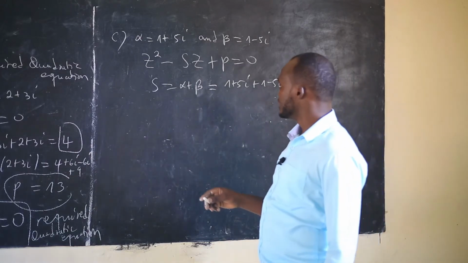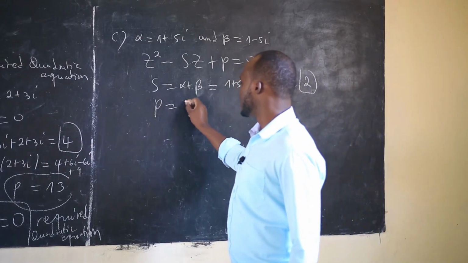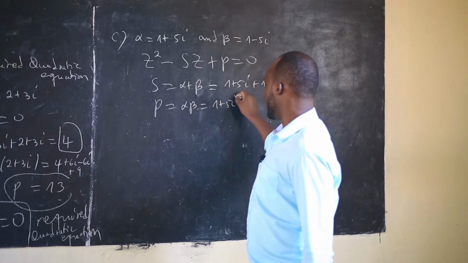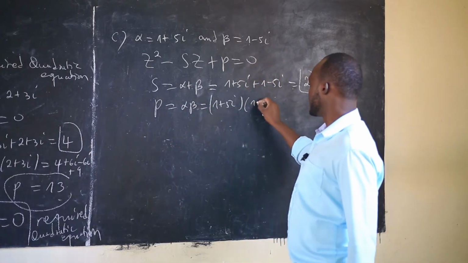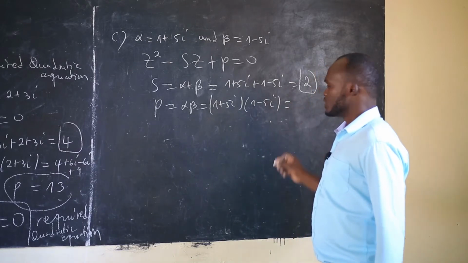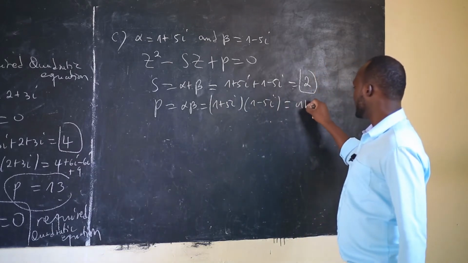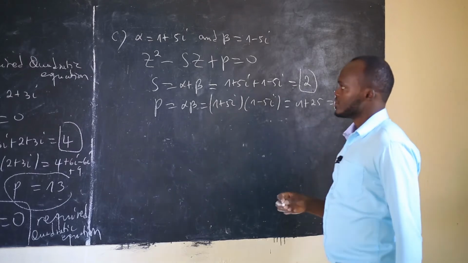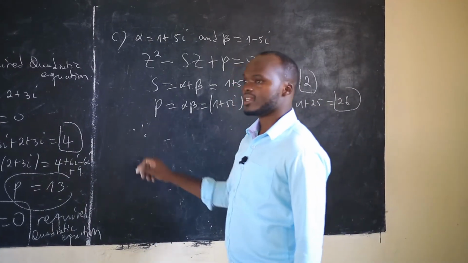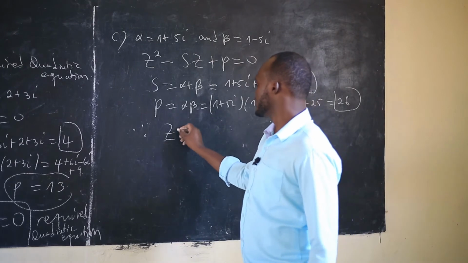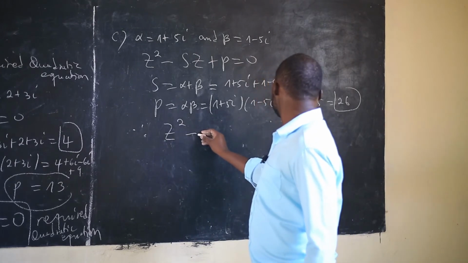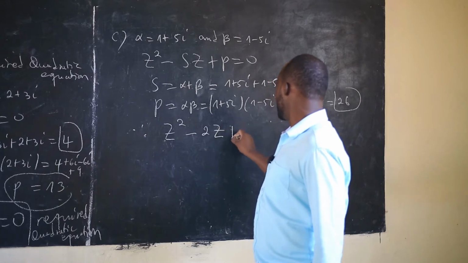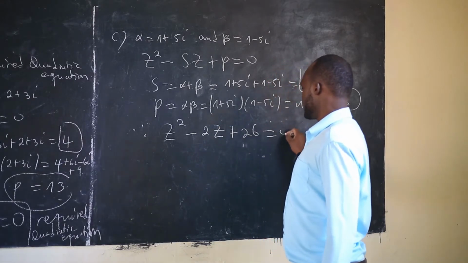Then P, the product alpha beta, is 1 plus 5i times 1 minus 5i, which is 1 plus 25. The answer is 26. Therefore, the required quadratic equation is z squared minus 2z plus 26 equal to 0.